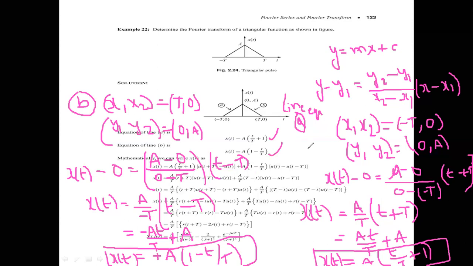The line equation of A and the line equation of B, we got by using the straight line equation, y is equal to mx plus c.